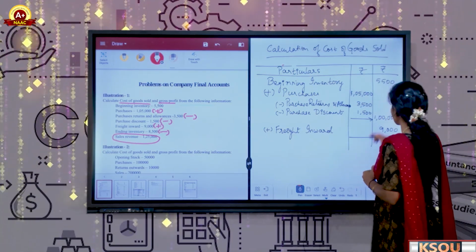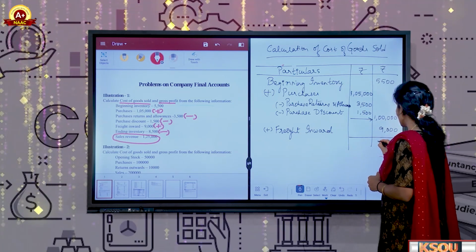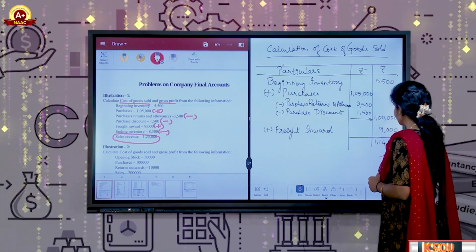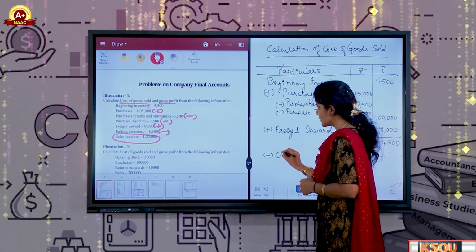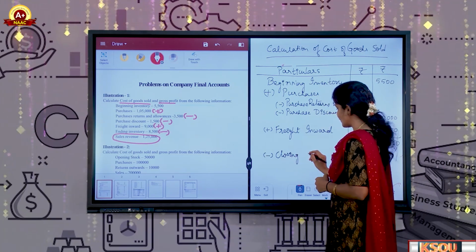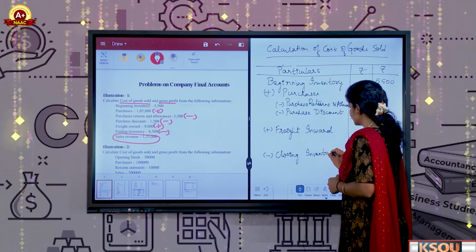Take this total. So 1 lakh plus 9,000 plus 5,500, it is 1,14,500. Okay. So for this, deduct closing inventory, or we can say ending inventory.